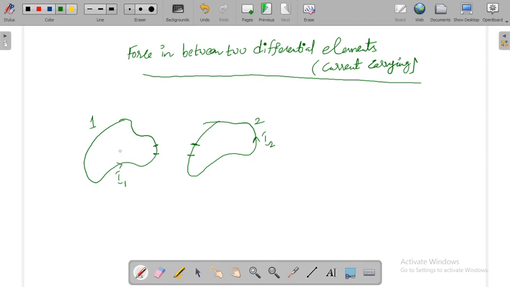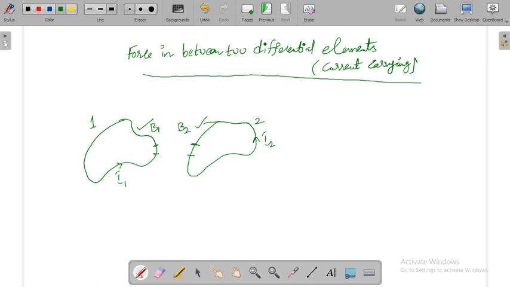If you observe, because of the first current carrying conductor, a magnetic field is produced. Let us assume that magnetic field as B1. Because of the second current carrying conductor, you have one more magnetic field, which is B2.